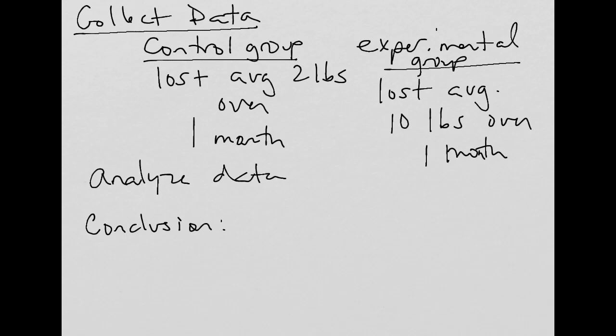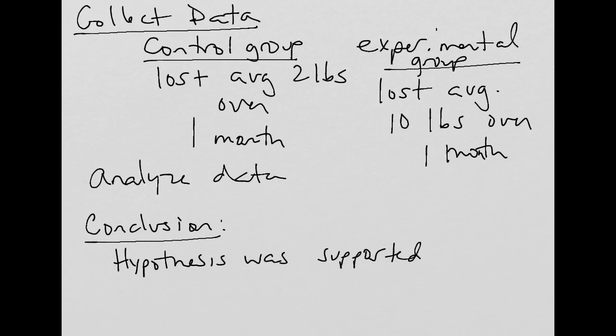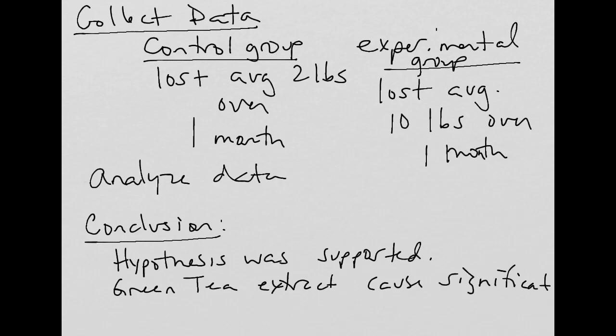And if this were, let's say that our data came back, it was analyzed, that it was significant, we would say the conclusion is that our hypothesis was supported. Okay, our hypothesis was supported, and that green tea extract caused significant weight loss.